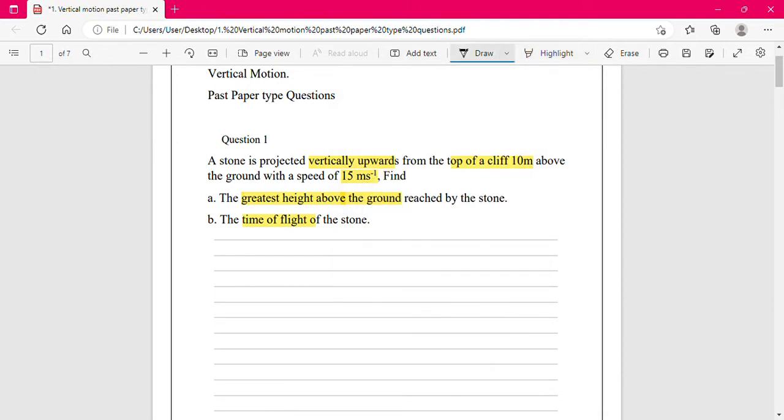So let us come to the first part here, and let us make a sketch. So suppose this is the cliff which is 10 meter high. The stone is projected from the top of this with a speed of 15 meter per second.